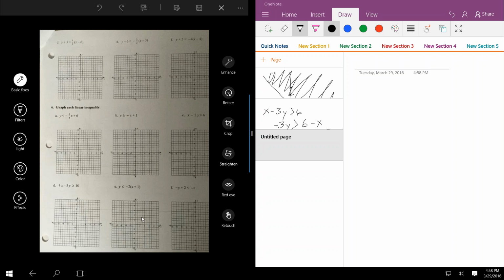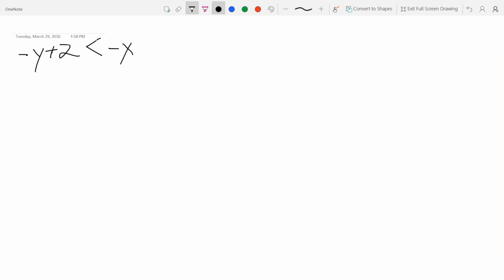Let's do F with our last 2 minutes. Okay. Minus y plus 2 is less than minus x. How are we going to make that y positive? Well, let's first of all get it isolated.